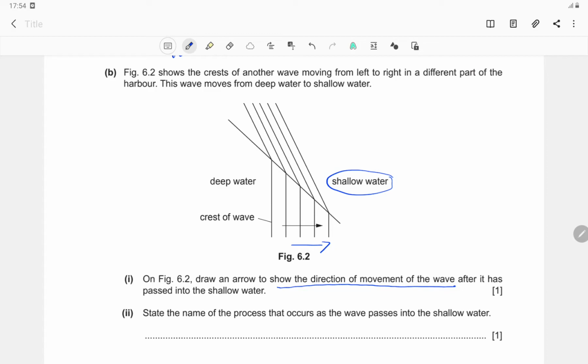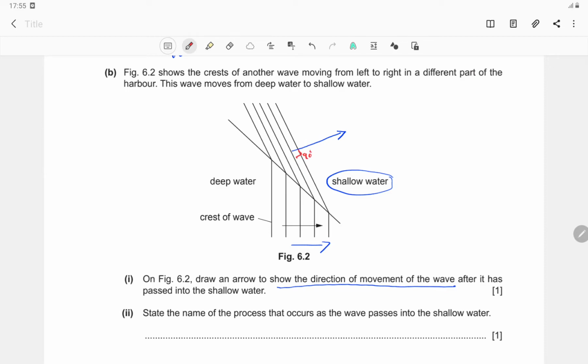In order to draw the direction, what you need to do is draw a perpendicular line from the crest. As you can see the crest, draw a perpendicular line. And put an arrow on it, and this is the direction of the water wave in shallow water. Perpendicular line means it should be 90 degrees.